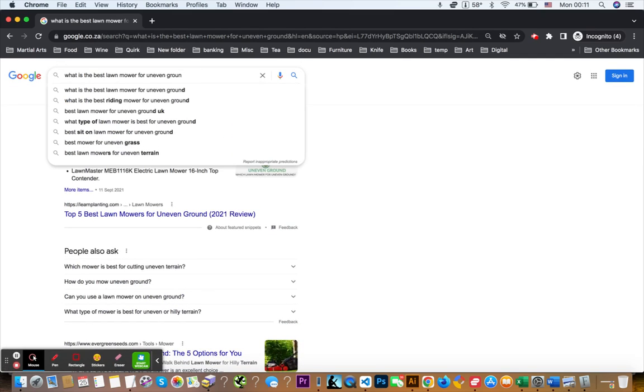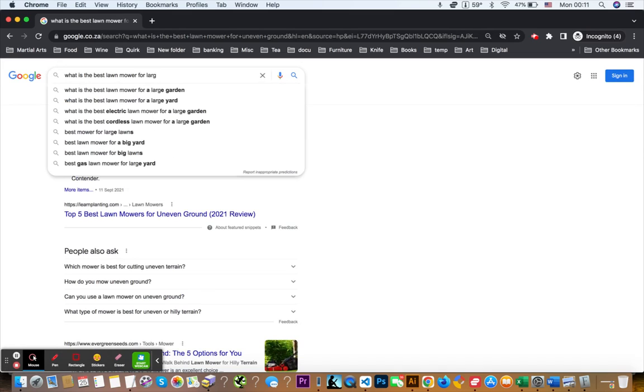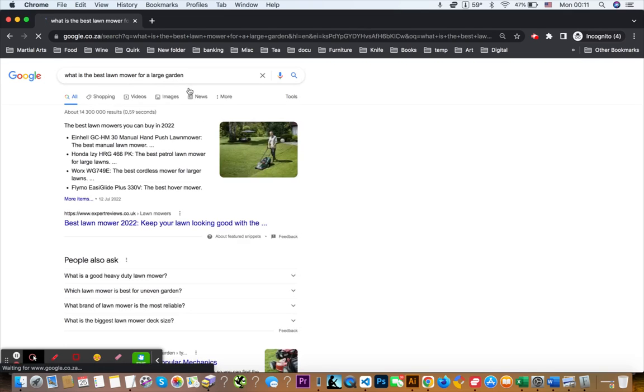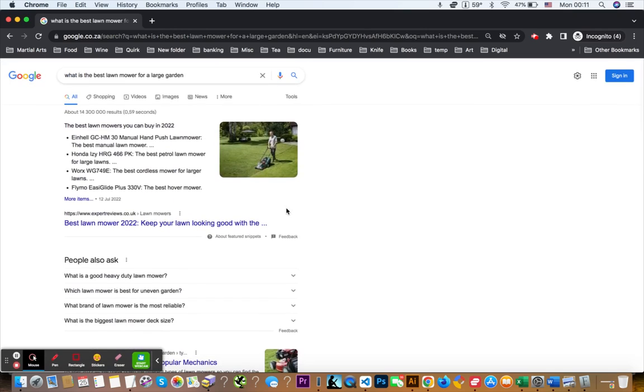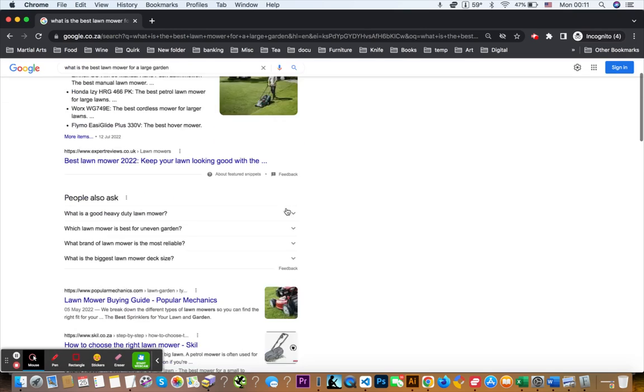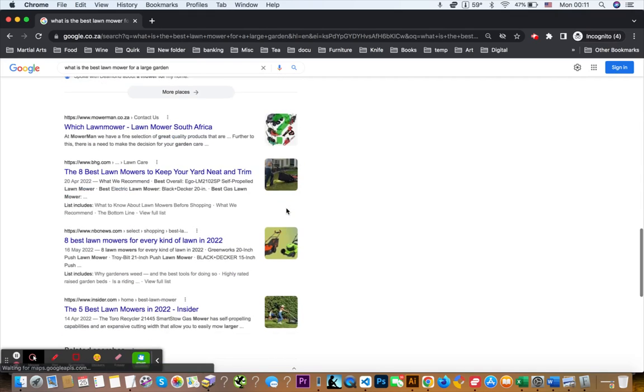Or you could go, which is the best lawnmower for a large garden? Is another one. The idea here is that the person's just becoming aware of the issue, so they just start thinking and prodding along what they actually are looking for.